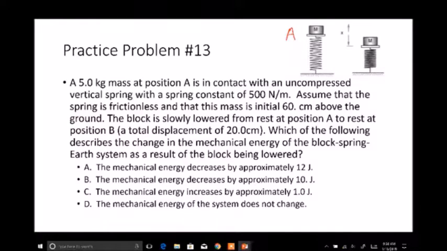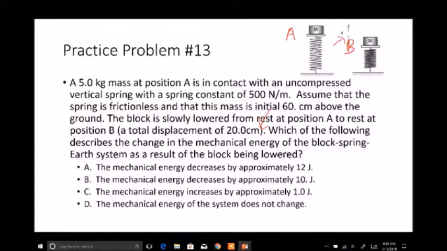The block is slowly lowered from a rest position at A to rest position at B. And notice it changes by a height of x, a total displacement of 20 centimeters. Which of the following describes the change in the mechanical energy of the block, spring, or system as a result of the block being lowered?